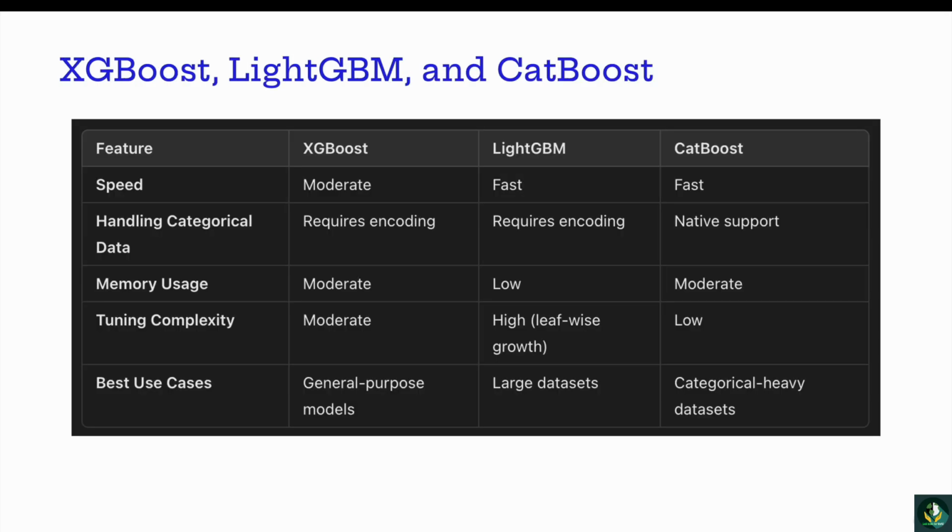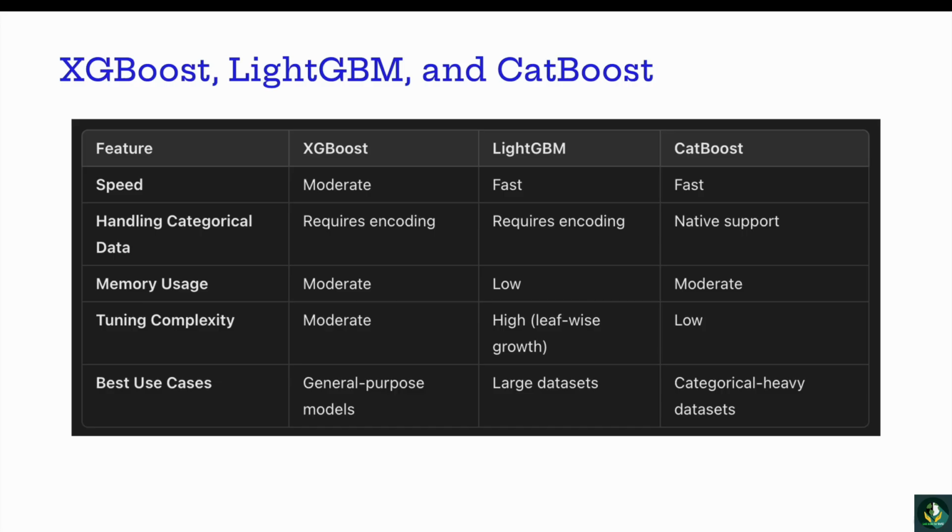Now let's look at a comparison of XGBoost, LightGBM, and CatBoost. Here is a table. For speed, XGBoost is moderate, LightGBM is fast, and CatBoost is fast. When you have to handle categorical data, XGBoost requires encoding, LightGBM also requires encoding, whereas CatBoost has native support.